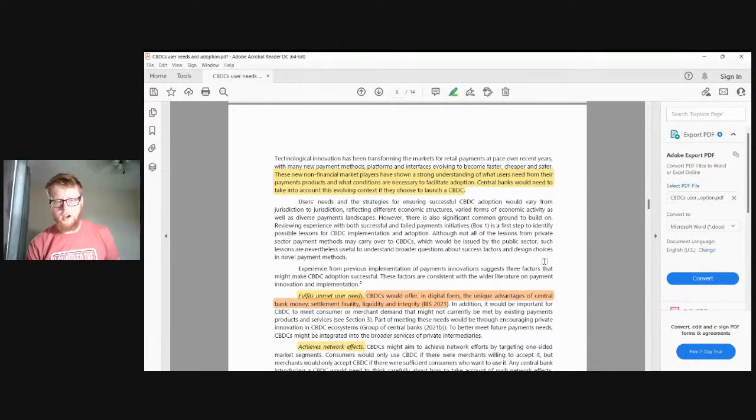So one of the things that they talk about throughout these papers is the need for continuous innovation, and that's part of the reason why they're talking about having a multi-tier system, to where you have the core infrastructure of the currency itself, right? And that's the central bank's problem, right? The core rulebook, whatever. How exactly is this currency going to be structured?